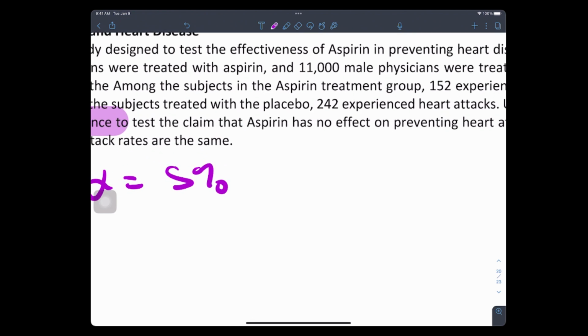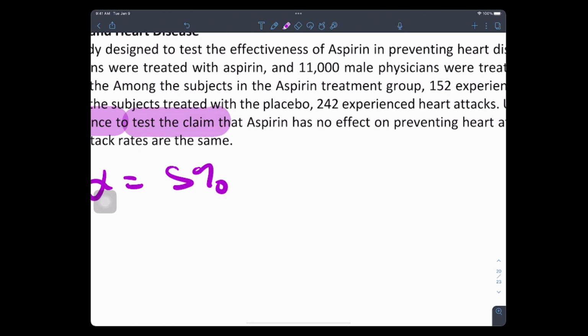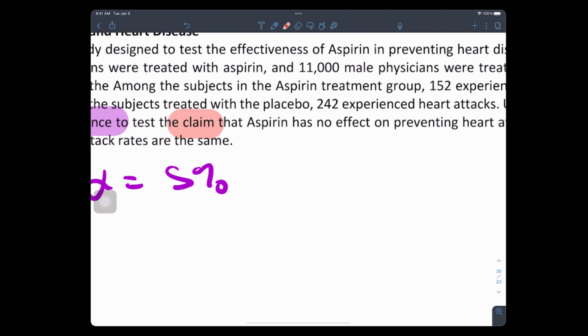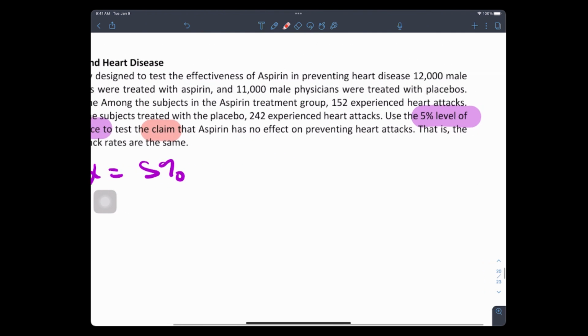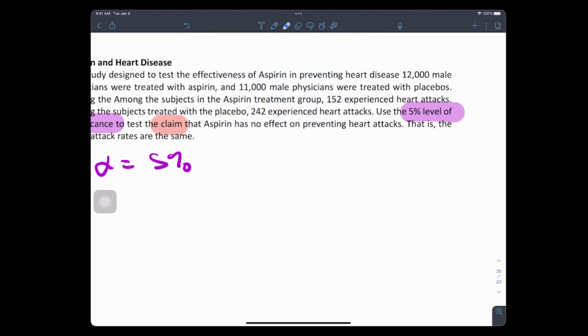And what are you going to do? You're going to test the claim. So here comes the claim. What's the claim? That aspirin has no effect in preventing heart attacks.